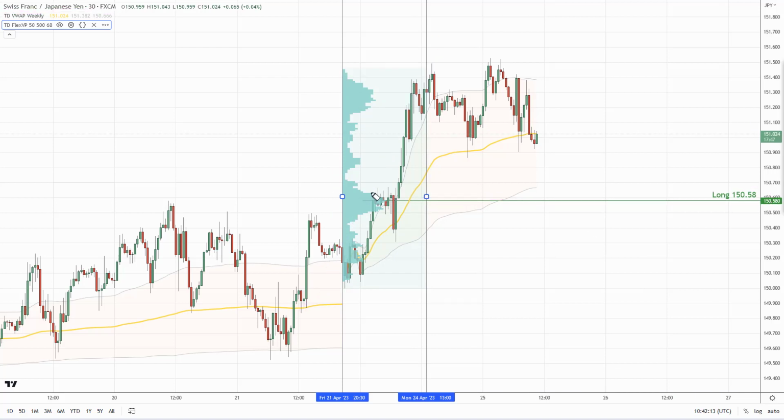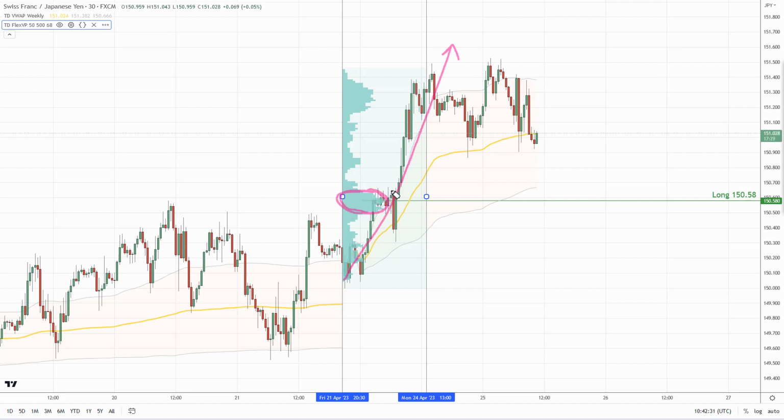So what the volume profile is showing us is this significant volume cluster formed within the trend. This is telling us that strong buyers were active here, buyers who were pushing the price upwards, and those buyers were adding to the long positions in here.